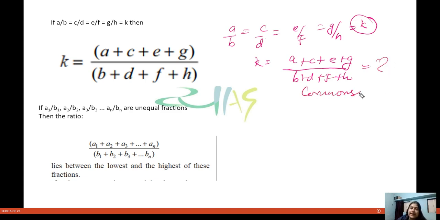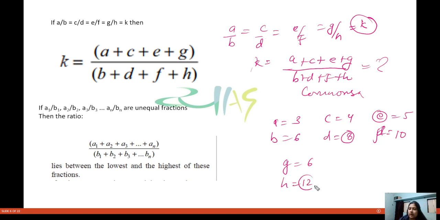Let's say a is equal to 3, then b is equal to 6, and c is equal to 4, then d is equal to 8. And e is equal to, let's say, 5, and f is equal to 10, and then g is equal to 6, and h is equal to 12.